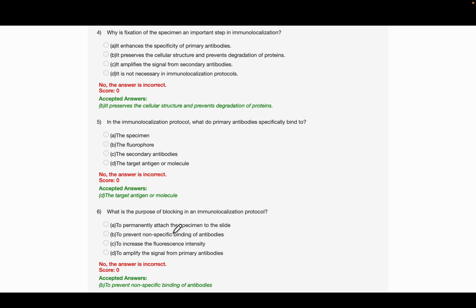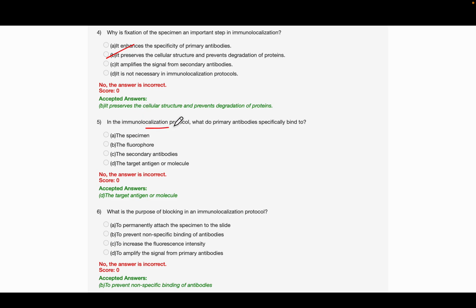Options: it enhances the specificity of primary antibodies, it preserves the cellular structure and prevents degradation of proteins, it amplifies the signal from secondary antibodies, it's not necessary in immunolocalization protocols. Why do we fix? It stops all the movements. That means it preserves the cellular structure and prevents degradation of proteins.